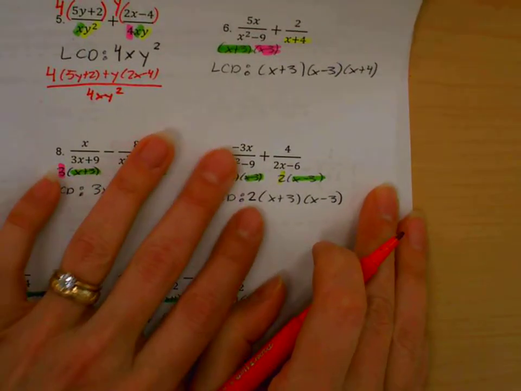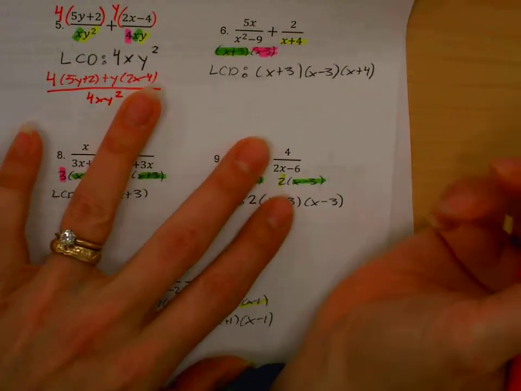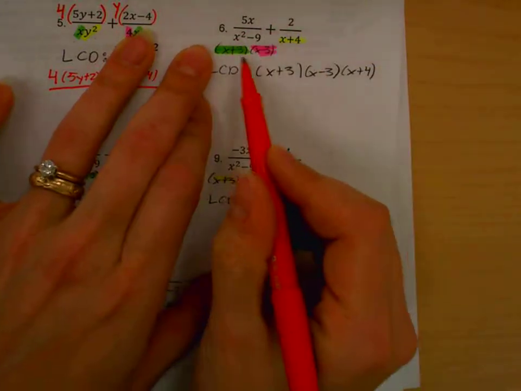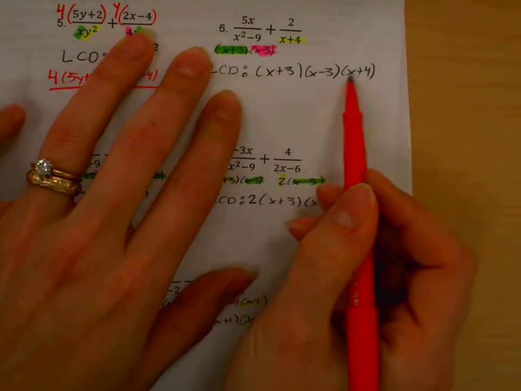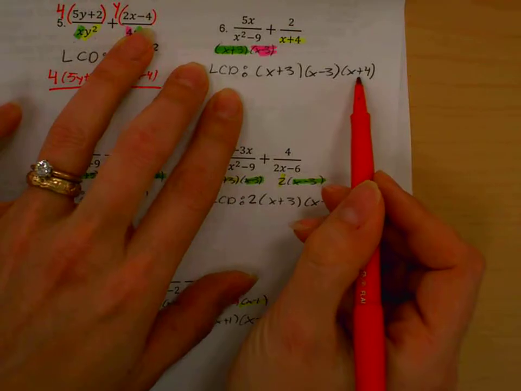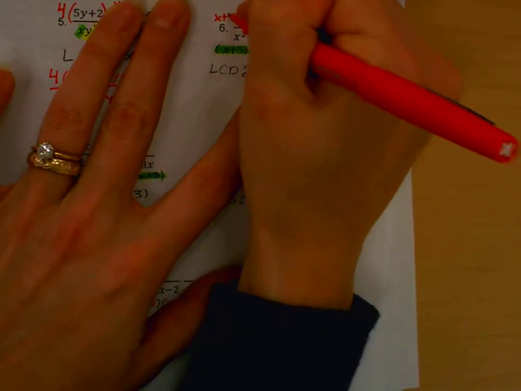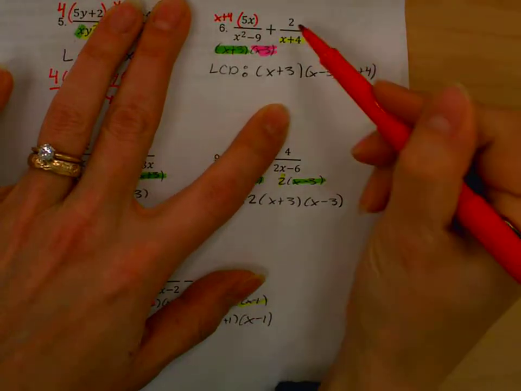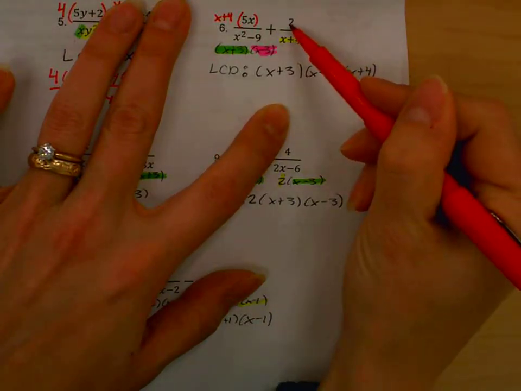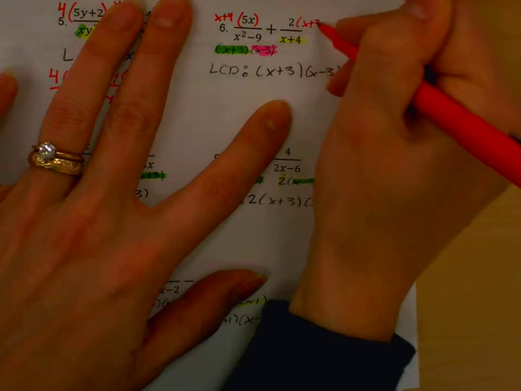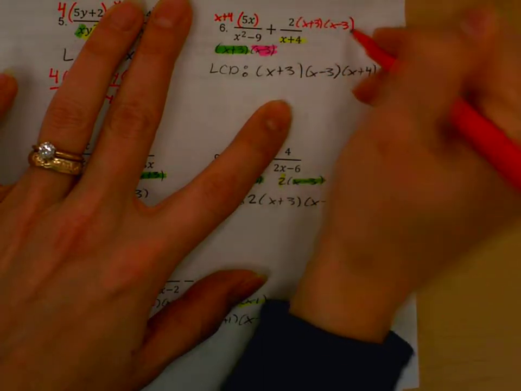So number 6, I look here on this first fraction at what I have as a denominator. What am I missing? I am missing this x plus 4. So this needs to be multiplied by x plus 4. The second fraction, I look at what am I missing? I am missing the x plus 3 and the x minus 3.